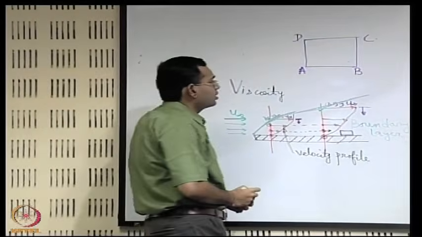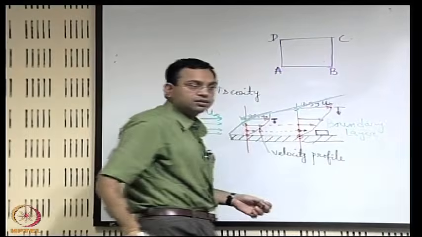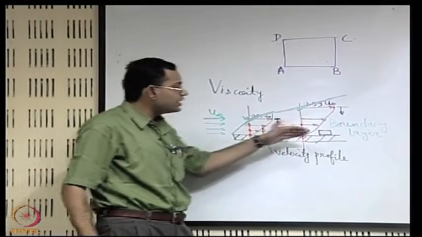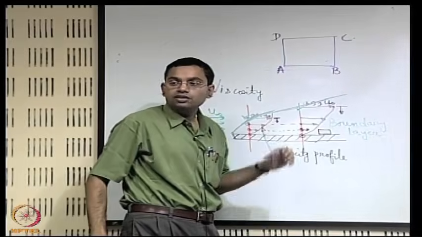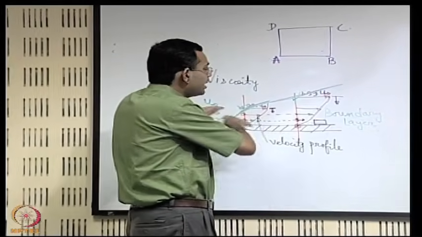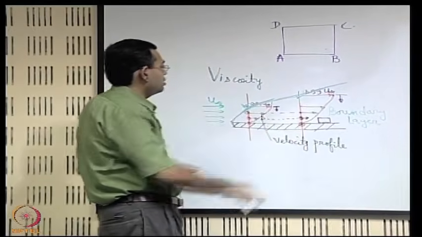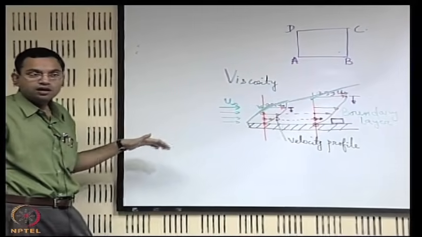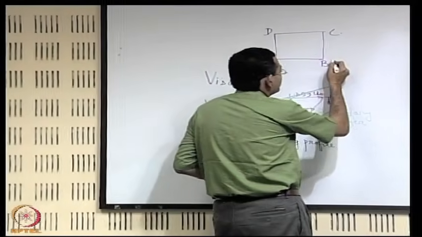The layer AB has a tendency, say, to move with a velocity u. Let us assume that the velocities are all along the positive x direction.